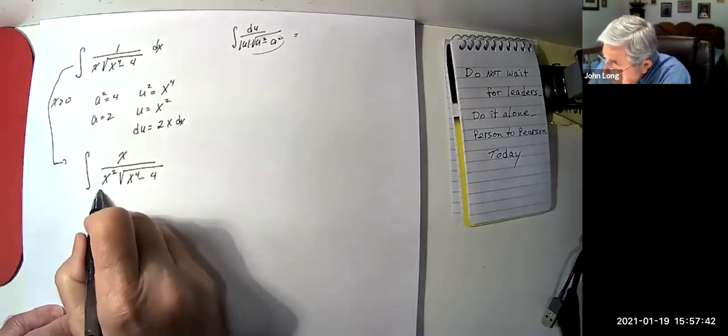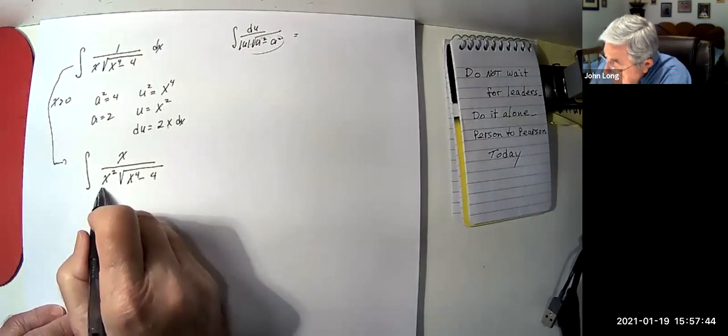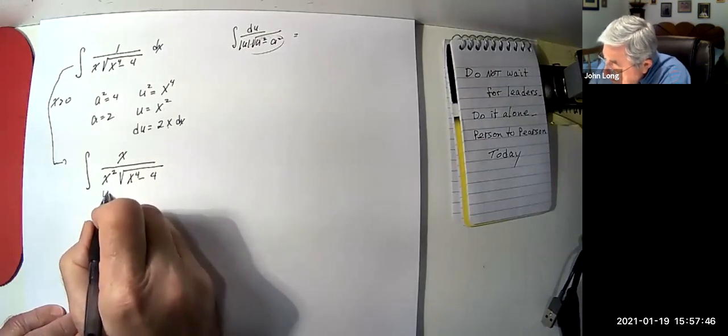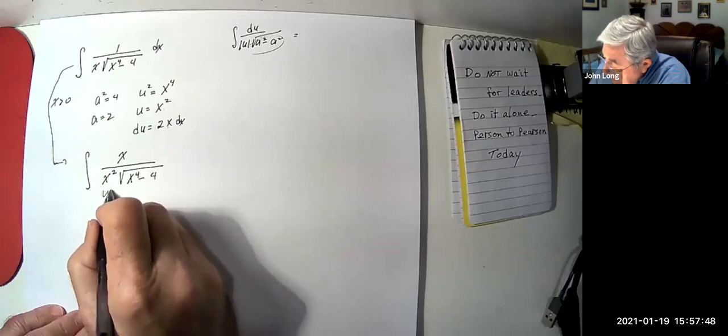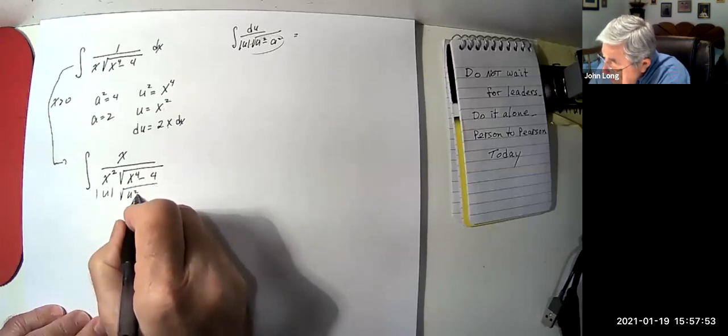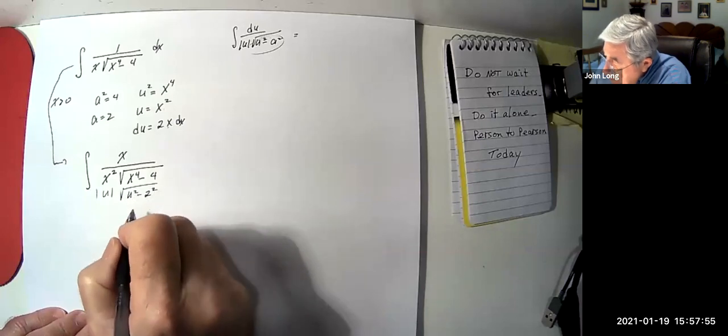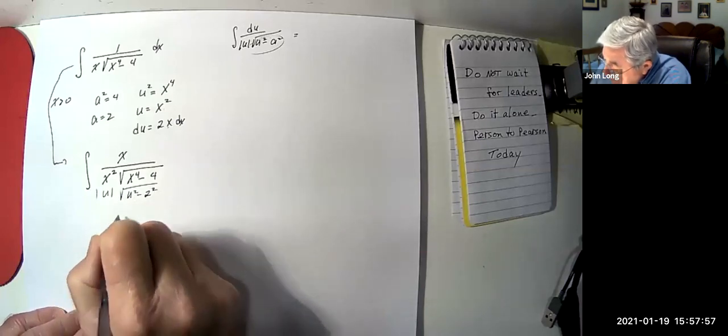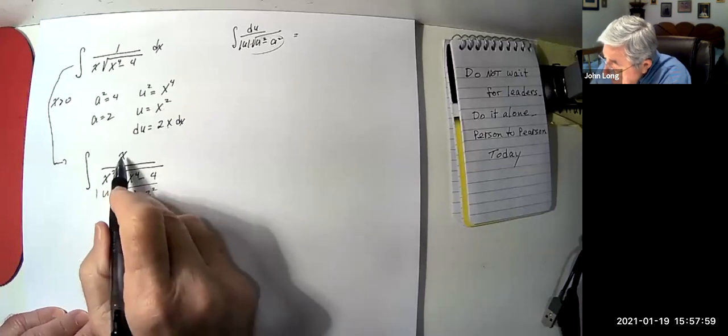And now we at least have accomplished the fact that we have u right out here, and then we have the square root of u squared minus 2 squared. You see, that's what we're seeing. And do we have du up here on the top?